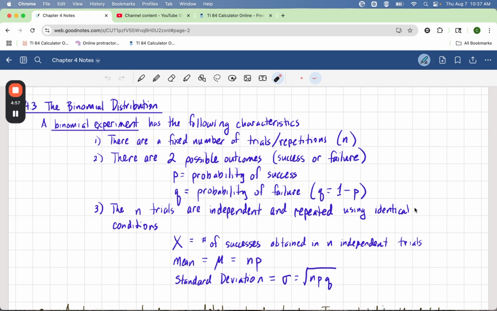Since you can only either succeed or fail, 1 minus P is going to be the failure. The n trials are independent and repeated using identical conditions. So if X is the number of successes obtained in n independent trials, the mean, mu, is n times p. The standard deviation, sigma, is the square root of npq.